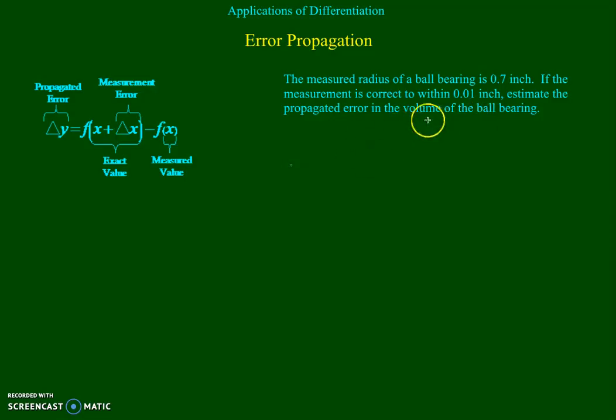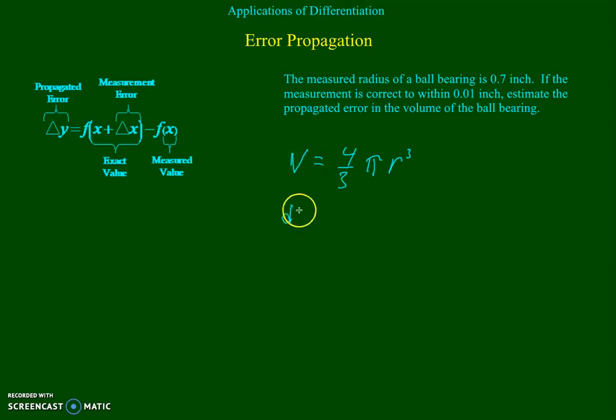If the measurement is correct to within 0.01 inch, estimate the propagated error in the volume of the ball bearing. So in this problem, we're dealing with volume, and a ball bearing is a sphere, so we're dealing with the volume of a sphere. So volume equals 4/3 pi r cubed. And what we're looking for is the change in volume.